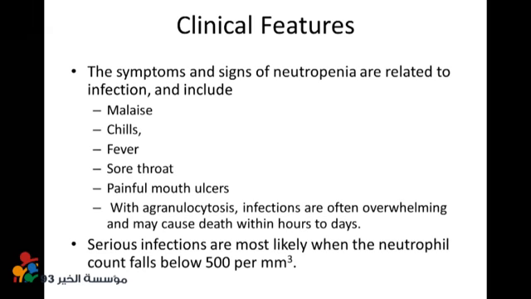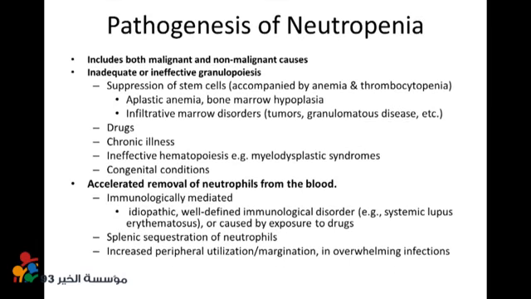So serious infections, as I pointed out, are more likely to happen when the neutrophils fall below 500 per cubic millimeter. The pathogenesis of neutropenia includes both malignant and non-malignant causes. They relate to two major categories. The first is inadequate or ineffective granulopoiesis, basically suppression of the stem cells in the marrow.